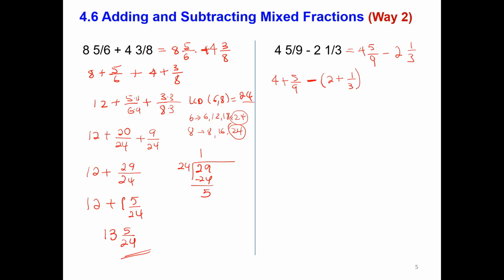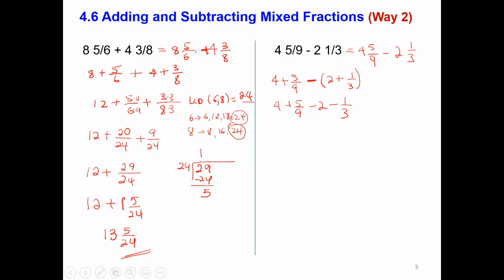The reason is that this negative multiplies everything inside the parentheses, so this sign is going to change. Let's distribute the negative. Negative times positive is negative, and negative times positive is negative. And the fractional part is also going to change into negative, because this negative multiplies everything inside the parentheses.